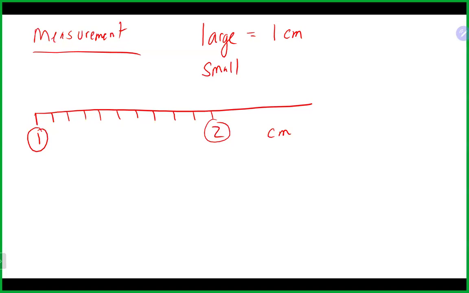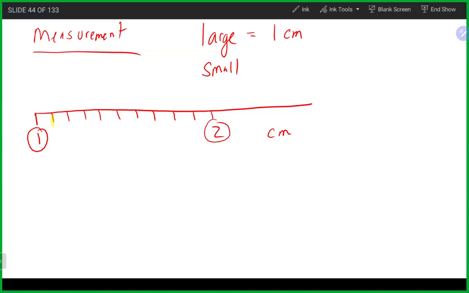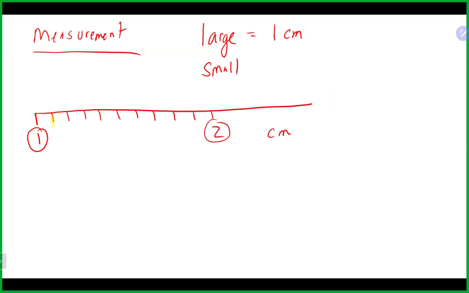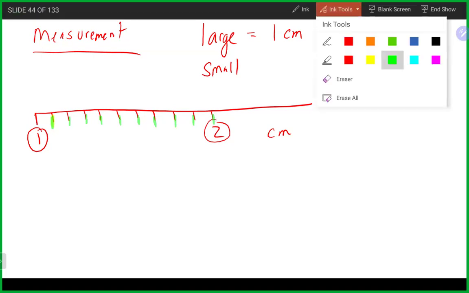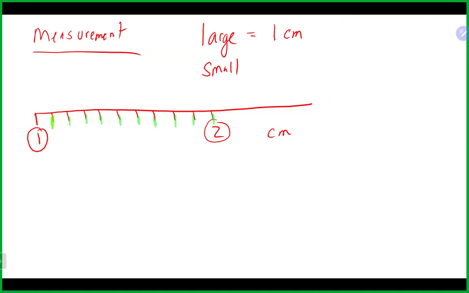As we talked about last time, it's important to start counting after the last large marking and continue counting until you hit the next large marking. So in this case, we would go 1, 2, 3, 4, 5, 6, 7, 8, 9, and 10. So we have 10 markings between our large markings.